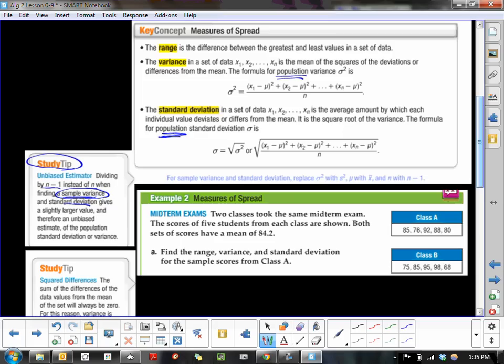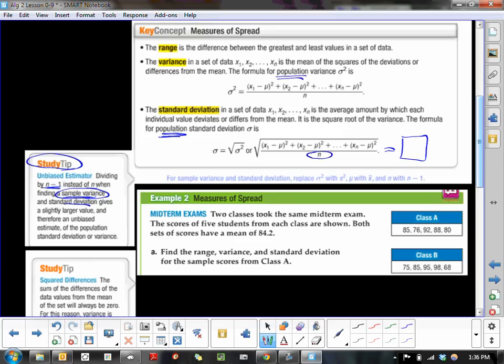So you're going to use a smaller subset of objects or things to sample. And if you use n minus 1, that is going to be a smaller number in the denominator. When you divide by a smaller number in the denominator, it gives you a larger value in your final calculation.